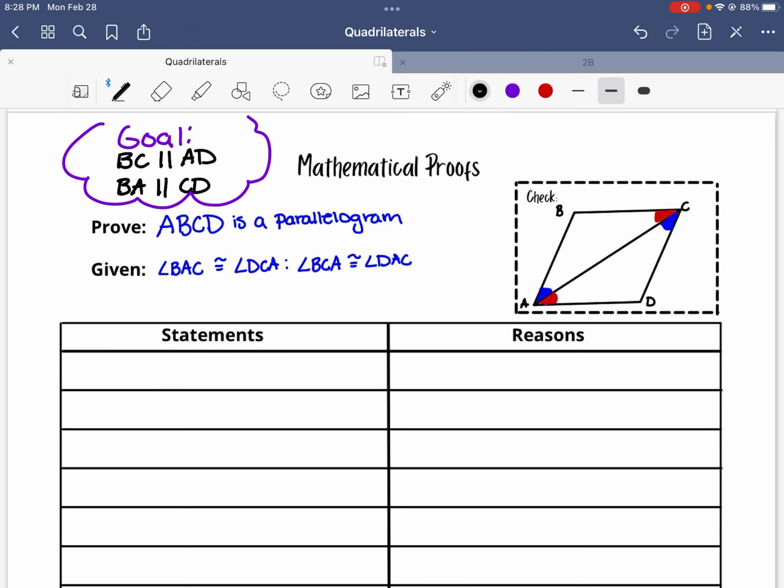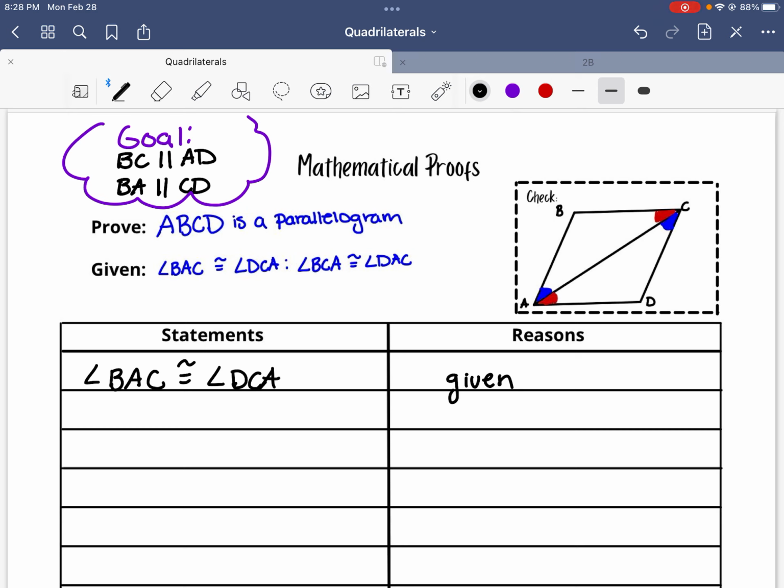First of all, my first statement is I'm going to write what is given to me. And that is that angle BAC is congruent to DCA. This is given. I'm going to focus on this first of all. Now, what I want you to remember is that shapes are made up of angles.